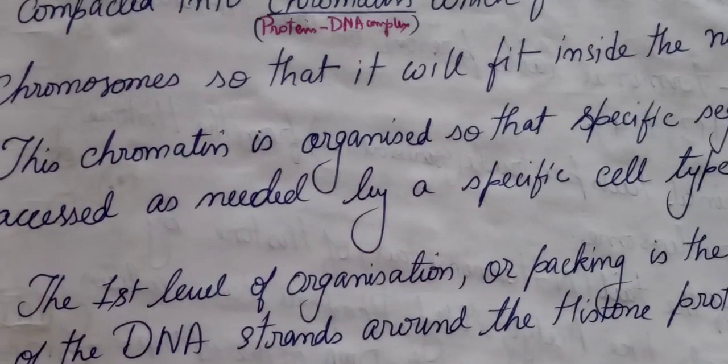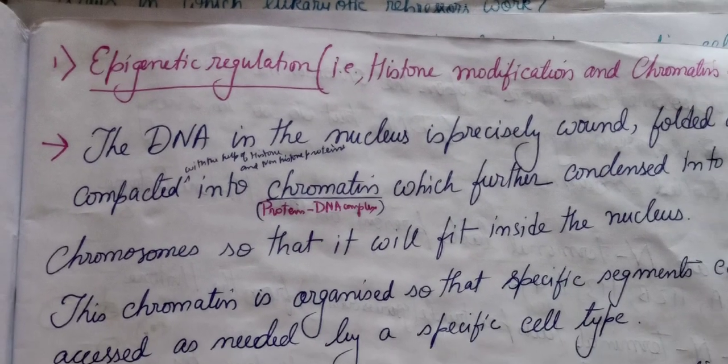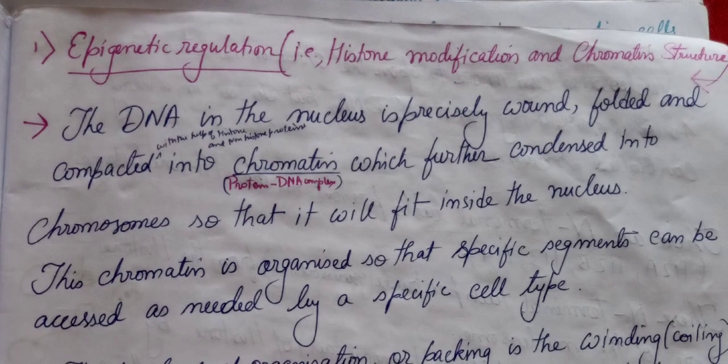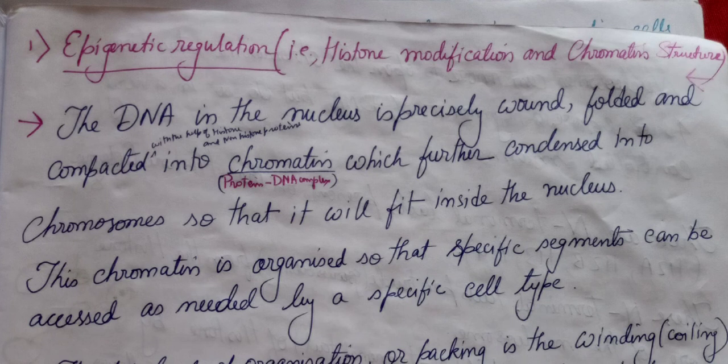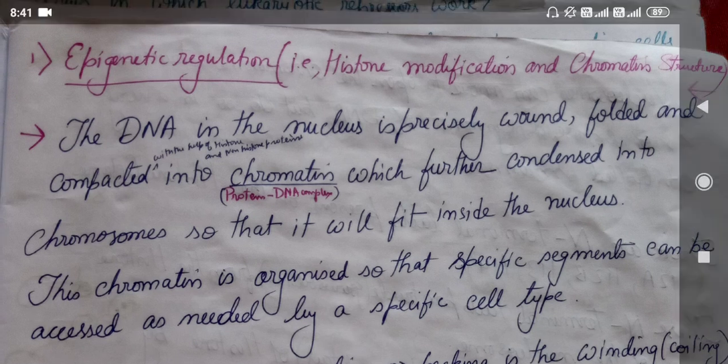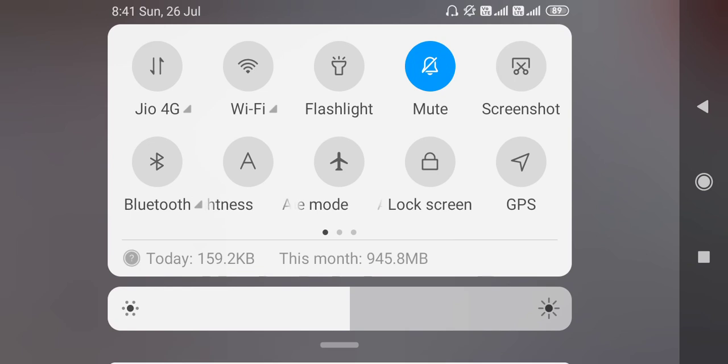So we have come to this epigenetic regulation, histone modification and chromatin structure. What they are saying is, the DNA in the nucleus is precisely wound, folded and compacted into chromatin.